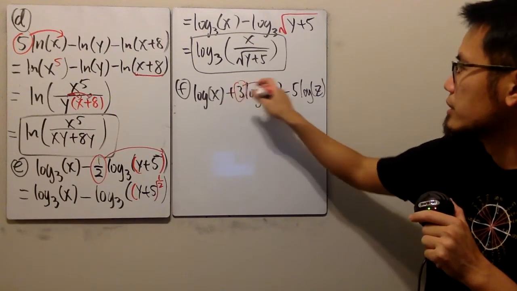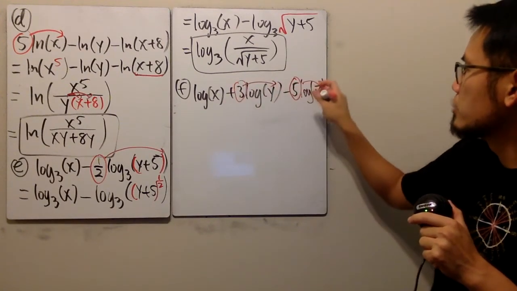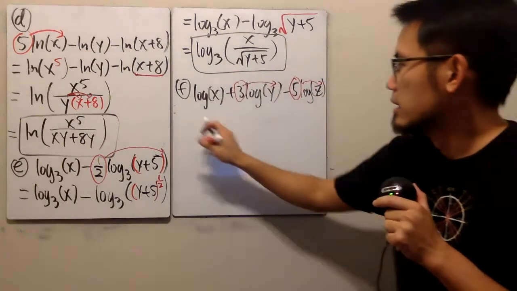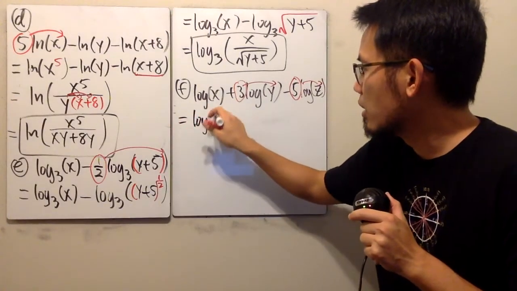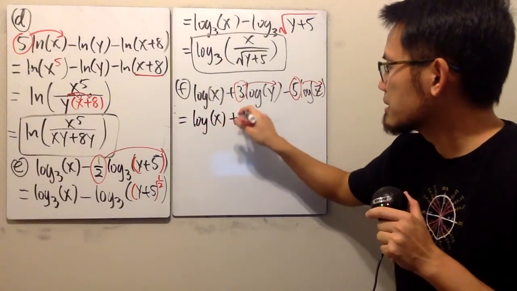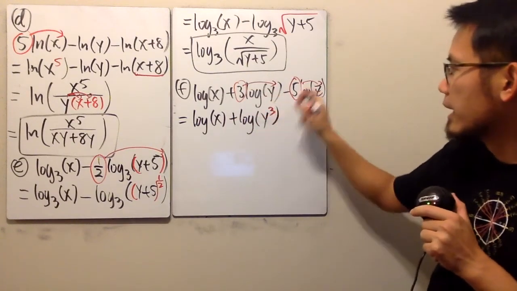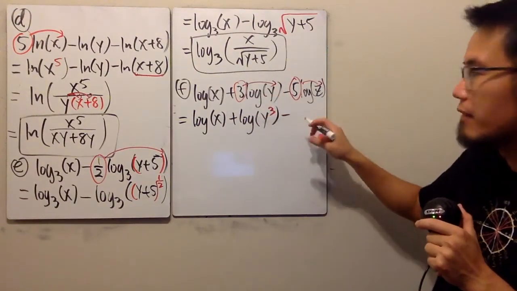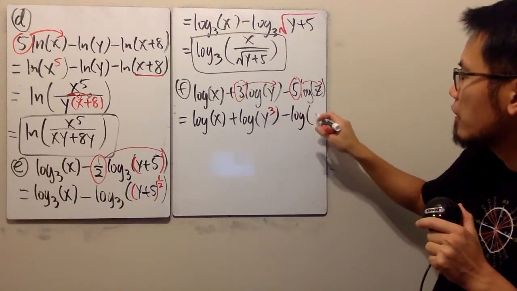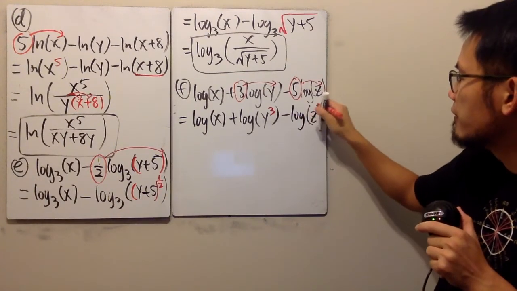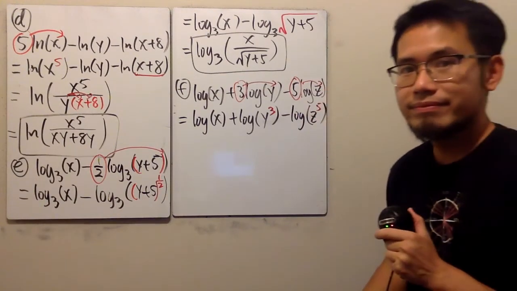This right here, put it to the top. This right here, put it to the top and becomes exponents. So we are looking at this as log of x, and then plus log of y to the 3rd power. And then this right here is minus, and we have log of z to the 5th power, like this.